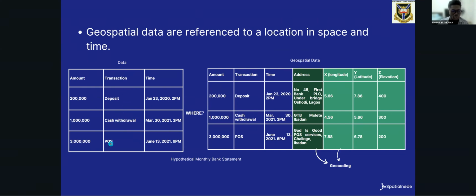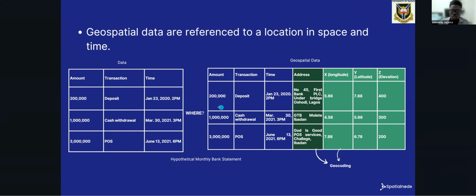Maybe you do a lot of POS withdrawal. When you see your bank statement, you can get to know, okay, in January, I did a lot of POS withdrawal, and in January, I spent X amount of money. That's just a picture of how normal data is. And this can be anything: data about your businesses, your customers, etc.